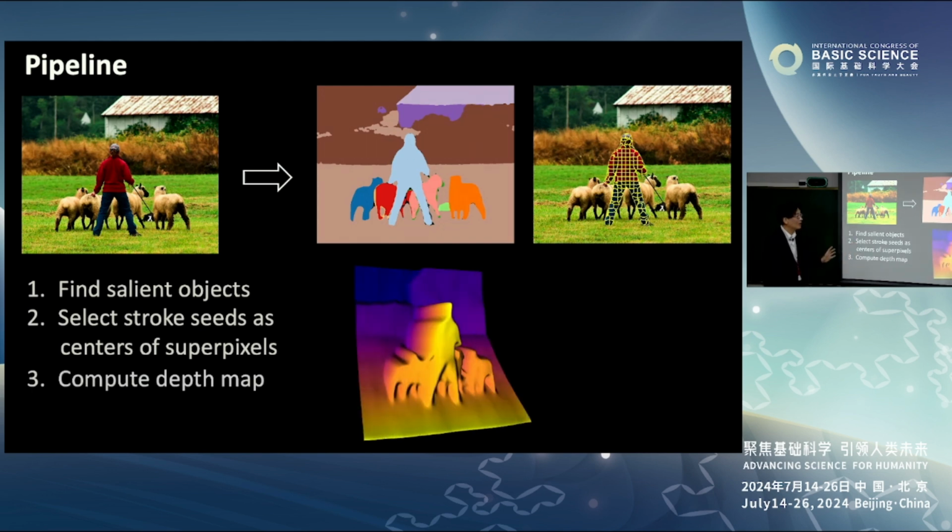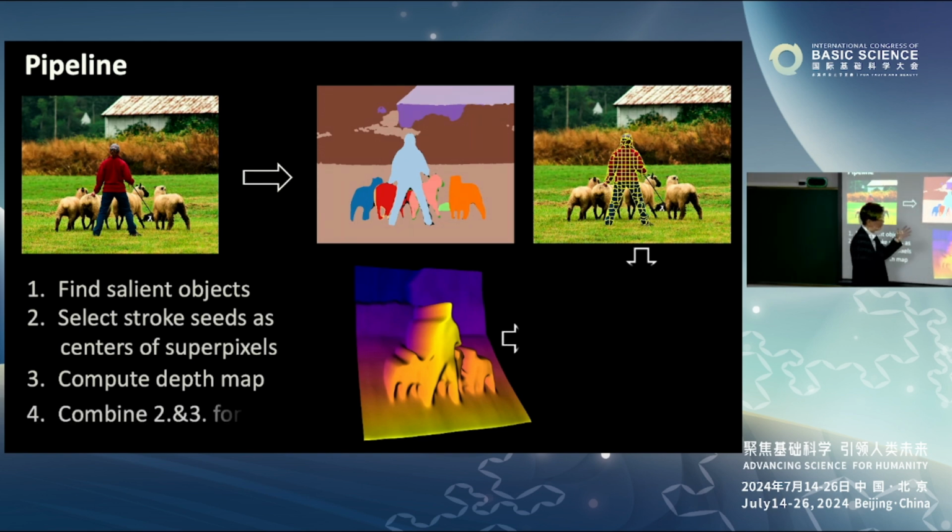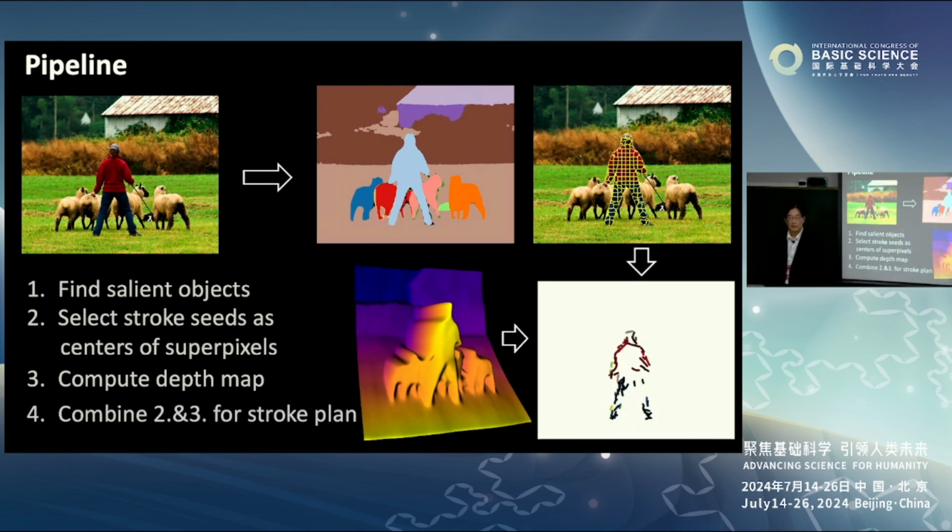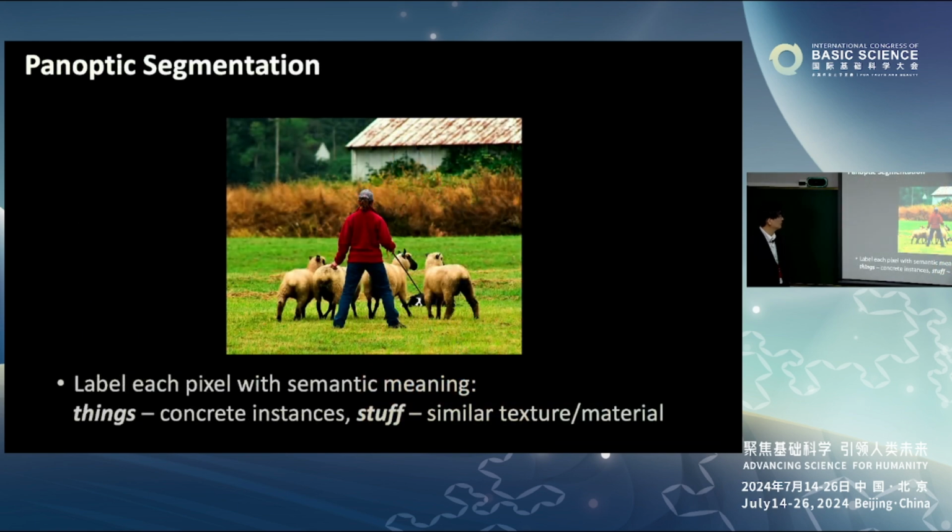At the same time, we also estimate the depth of the input image. Then we combine these two to create drawing sequences. So this is our own rule to create these drawing sequences or stroke-based rendering.